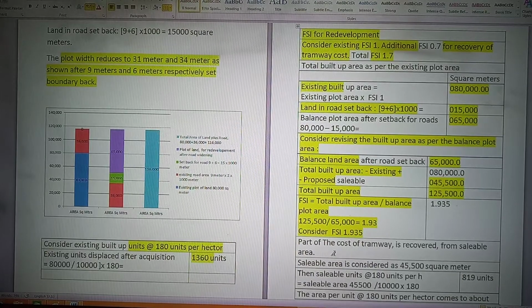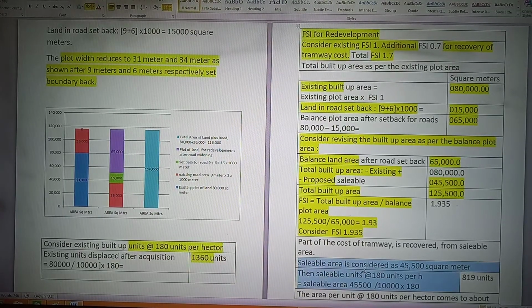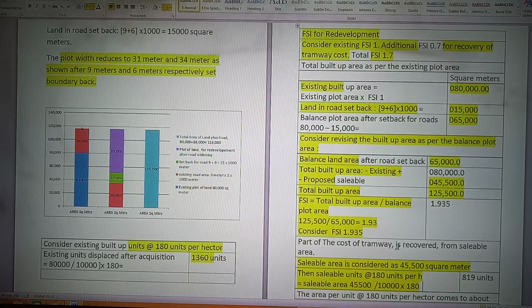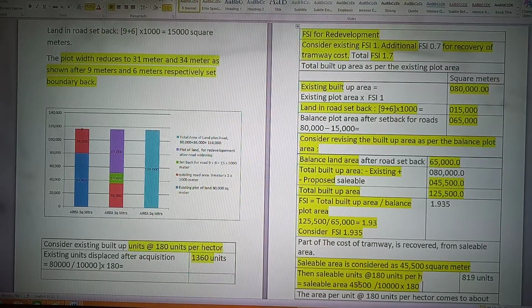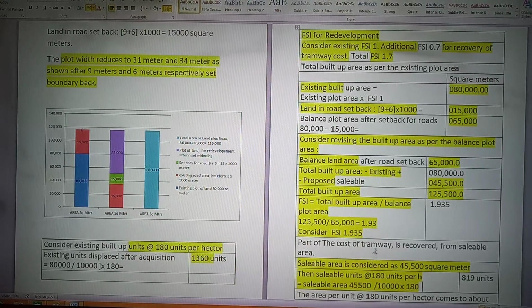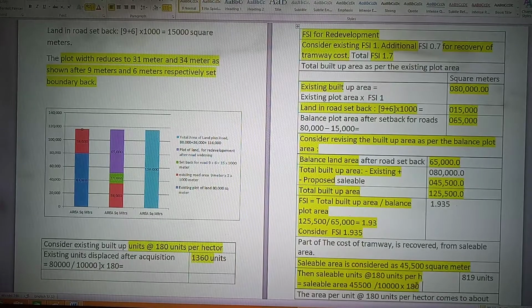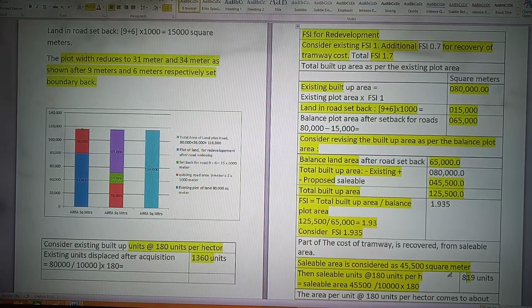Next, we'll find out how to calculate the saleable units at the rate of 180 units. So 45,500, which is the proposed saleable area, divided by 10,000 into 180 gives us 819 units.